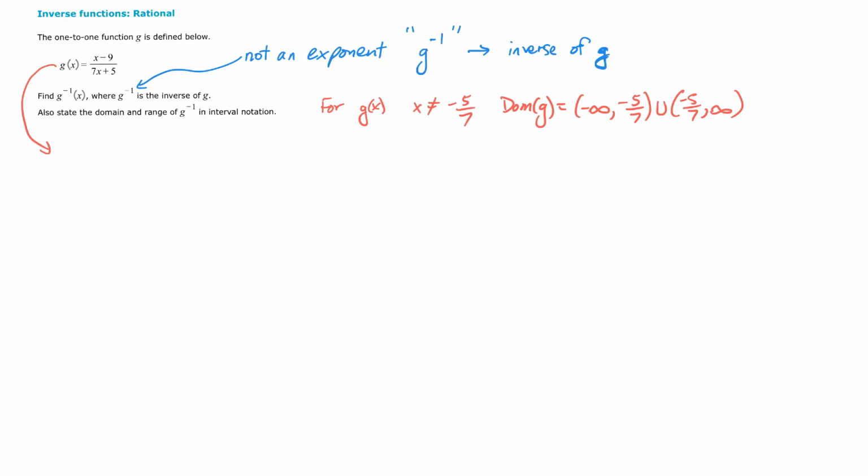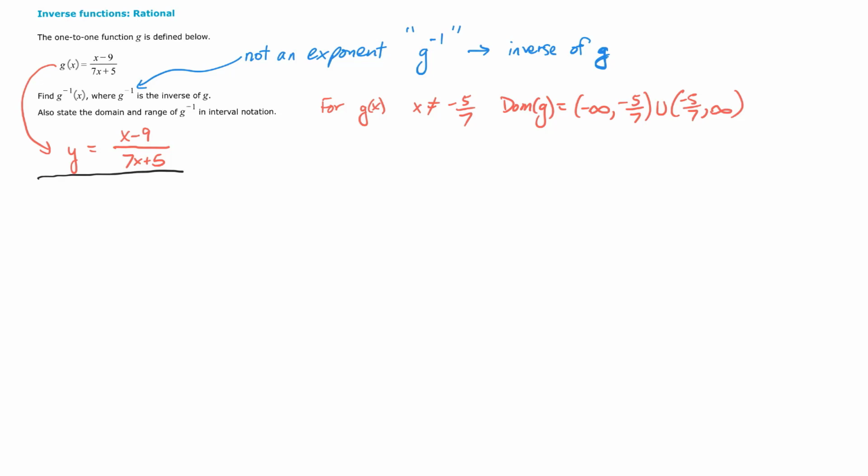To find the inverse of g of x, what we're going to first do is take your g of x and call it y. And it's going to equal (x minus 9) over (7x plus 5). Now we're going to change this problem.